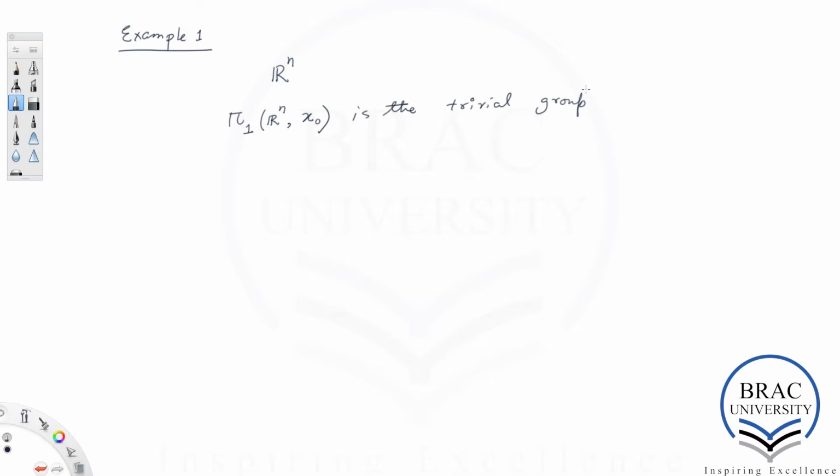So this consists of the identity element of the group, which is the constant loop based at x0. It's the constant loop that begins and ends at x0, and since it's a loop, it is a map from I to that singleton.